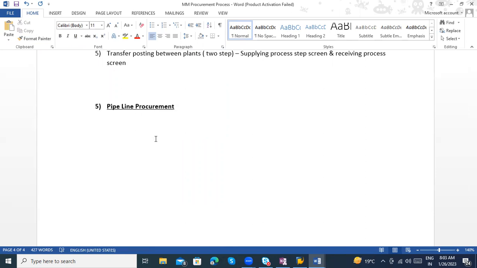Direct pipelines, as in tubes. For example, there are gas pipelines from the gas distributor directly to my location. The product flows continuously from their location to my location through pipes.